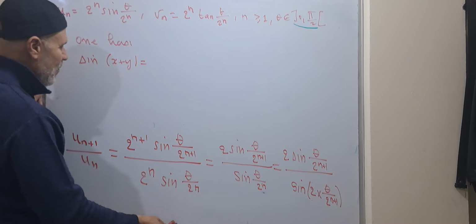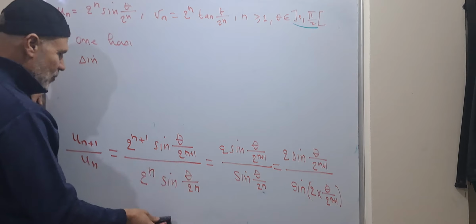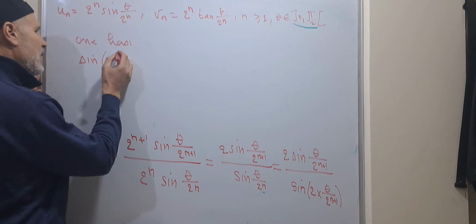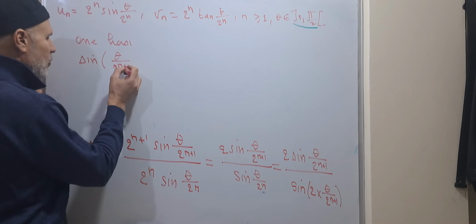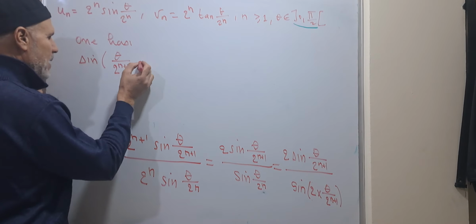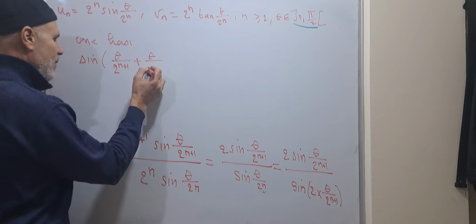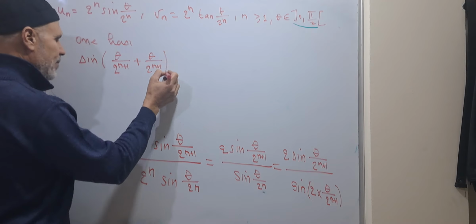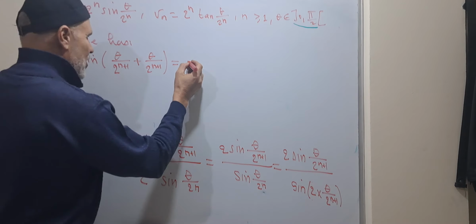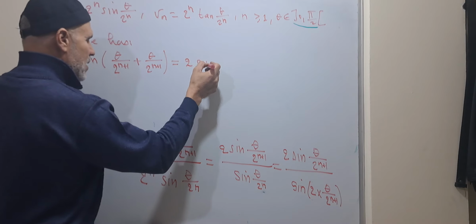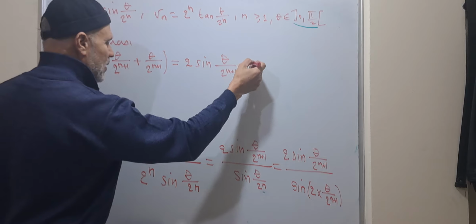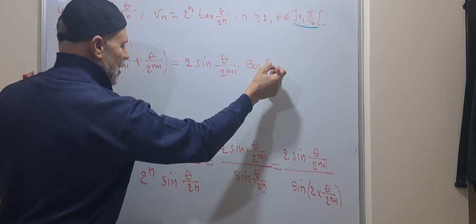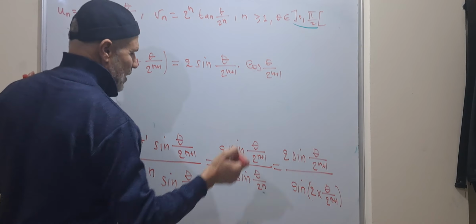In this case we have sine of theta over 2 power n, which is equal to 2 sine theta over 2 power n plus 1 cosine theta over 2 power n plus 1.